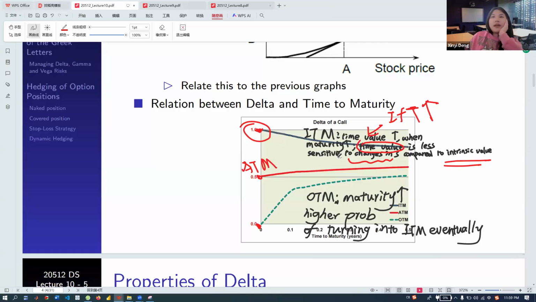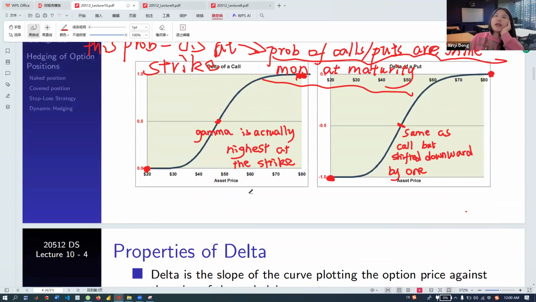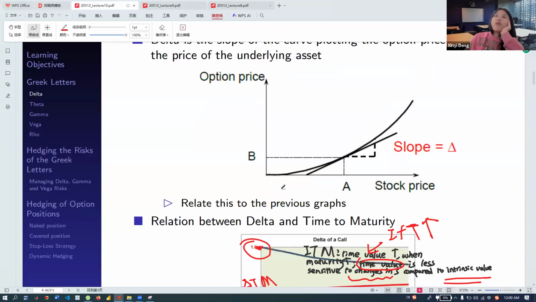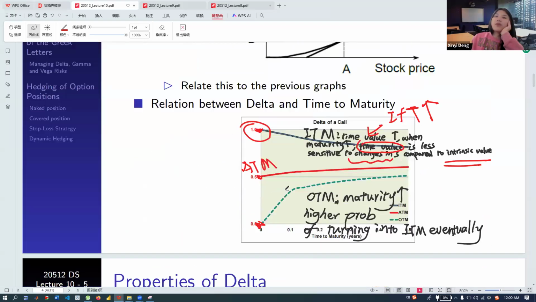Now let me also expand the intuition for the out of the money options. So for out of the money options, we can expand this 0 here via the probability arguments. When time to maturity is equal to 0, recall that delta is measuring the probability of calls being in the money when the option matures.